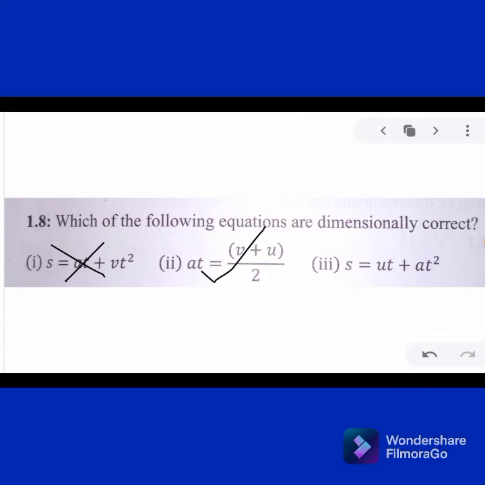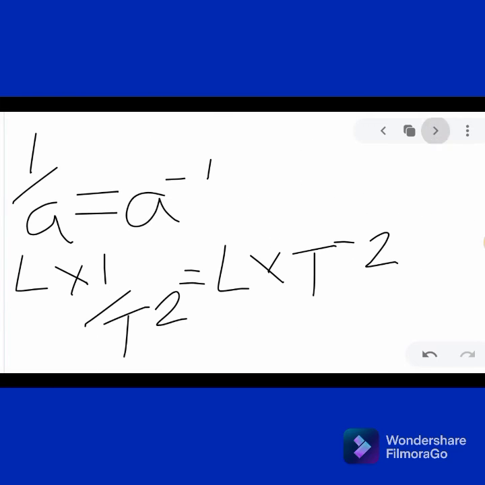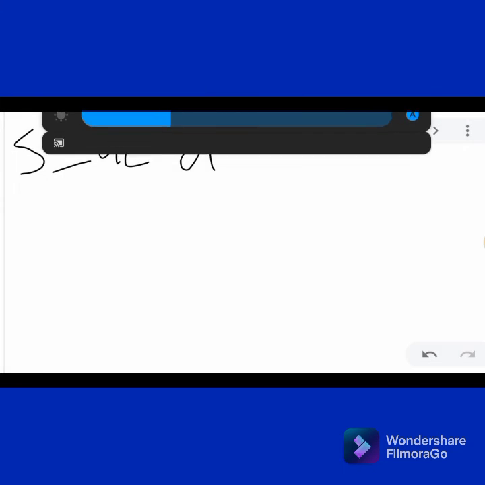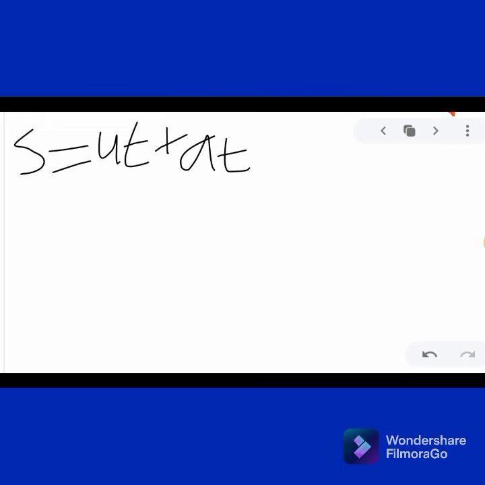So I want to solve the last question, which says that S is equals to UT plus AT squared. We have that S is equals UT plus AT squared. Thankfully it's another set of figures like what we used before. We know that L means distance. I'm just writing the L here.